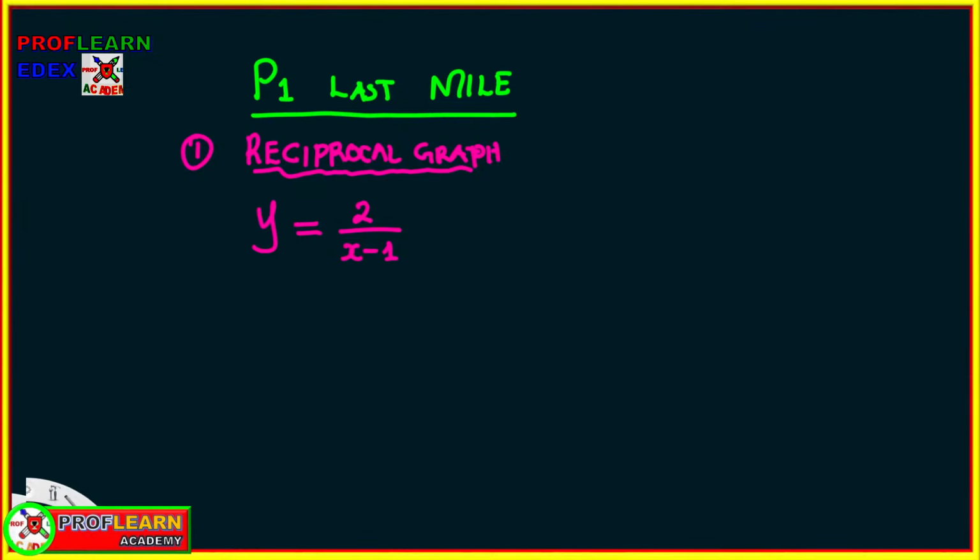What is going to be the asymptote in this case? So we have what we call horizontal asymptote, and we have vertical asymptote.